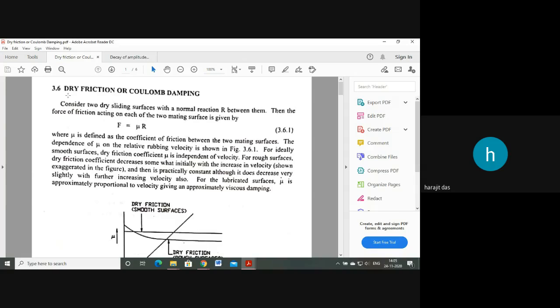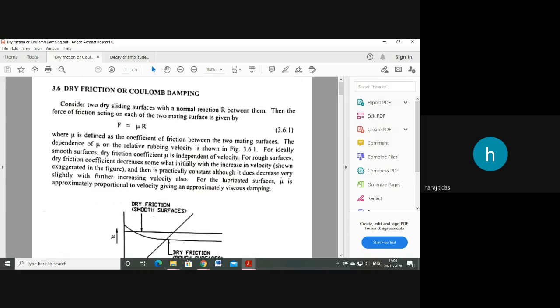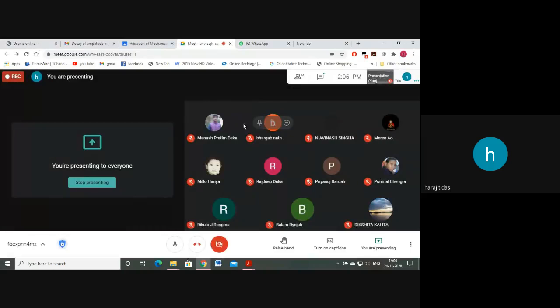Because if two parts are moving, there will be relative velocity. Due to that change in the coefficient of friction, there is a probability of producing self-excited vibration. That type of vibration is called dry friction or Coulomb damping vibration. Understood?